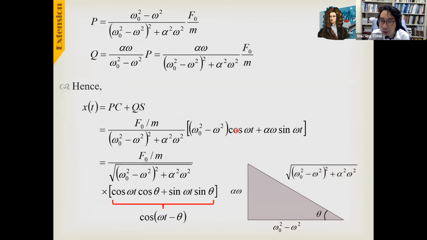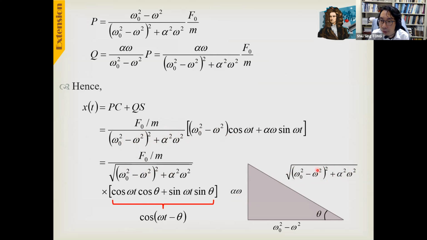The hypotenuse multiplied by cosine theta. And alpha omega is just the hypotenuse multiplied by sine theta. Now, I can rewrite these two terms as a square root. The first one is cosine theta. The second one is sine theta. So I can extract the square root out, right? And the square root actually cancels with one of these, leaving a square root at the denominator, because this guy at the numerator is exactly the square of the hypotenuse.